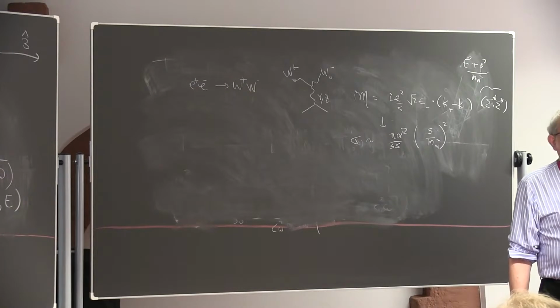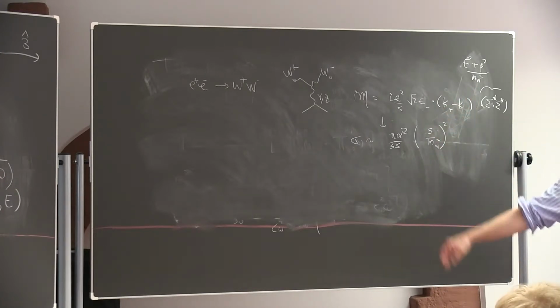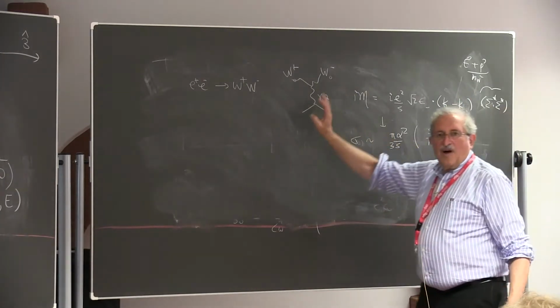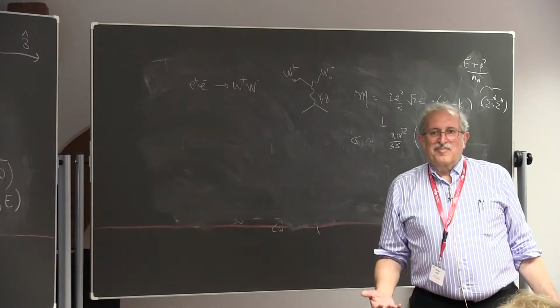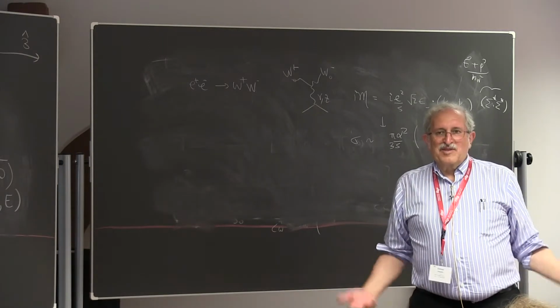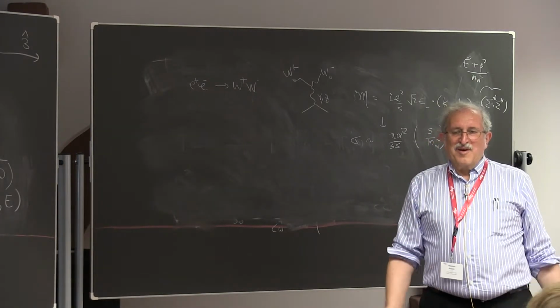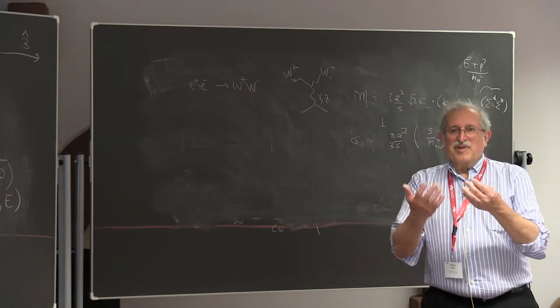I'm hoping for some enlightenment from the audience. Sorry? There are more diagrams, yeah. So eventually, this might be solved if there are more diagrams. But it's not clear why it should be solved if there are more diagrams, because there's one diagram that's very large. Are the other diagrams going to come and cancel it automatically? Maybe we need a principle for that.